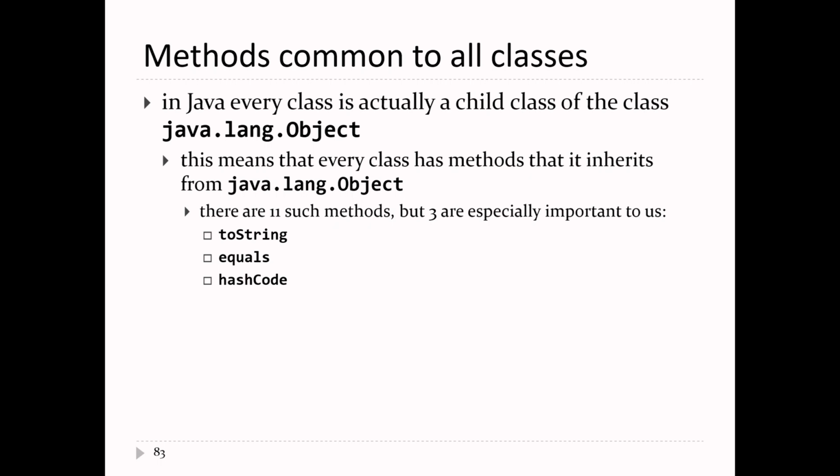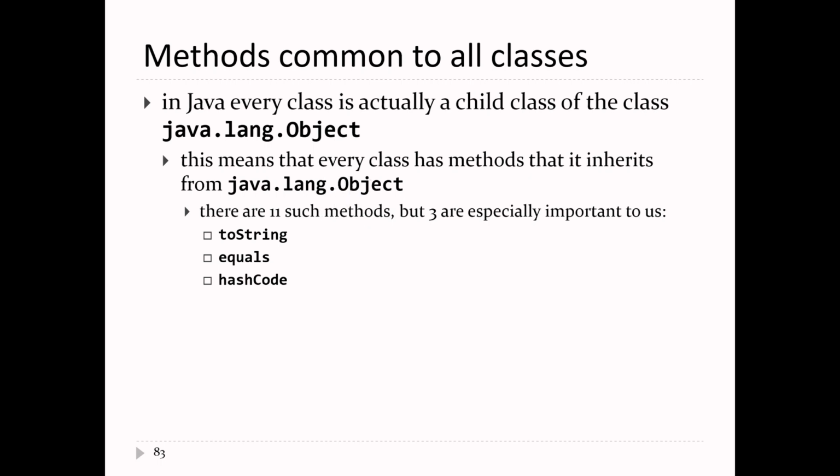For example, an ArrayList is also a List. So it's also true that if you have a class like point2, point2 is also an Object. What that means is that in Java, every reference can be used to call any of the methods that are defined in Object.